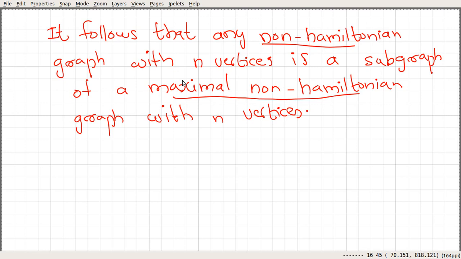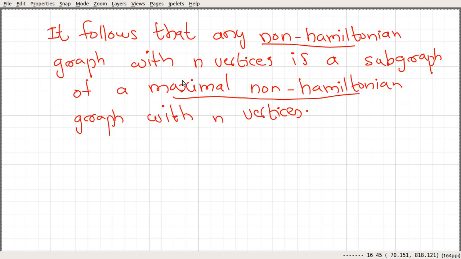Whereas in the case of Eulerian graphs we have a necessary and sufficient condition. The necessary and sufficient condition says a graph is Eulerian if and only if every vertex has even degree. Similarly for Hamiltonian graphs, such a characterization doesn't exist. Nobody knows whether such a characterization exists or not.